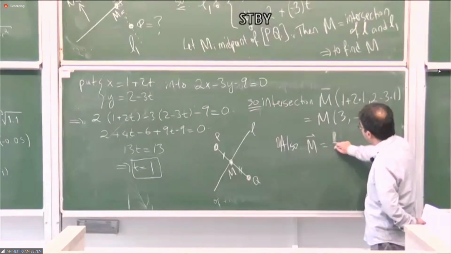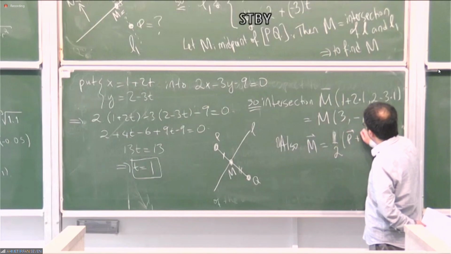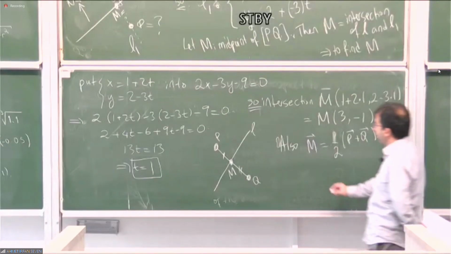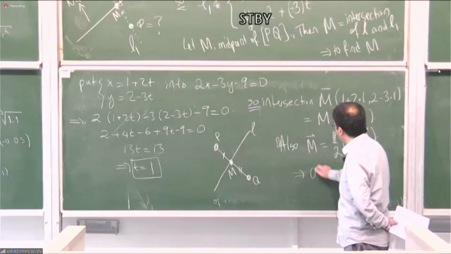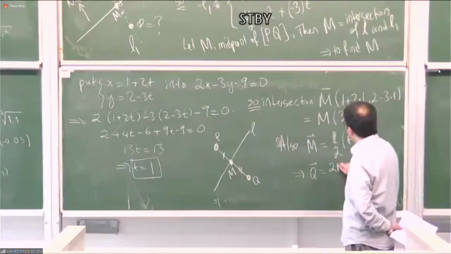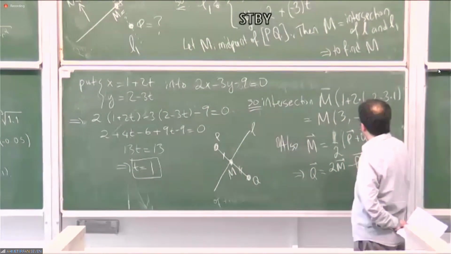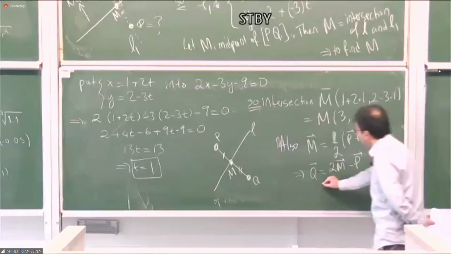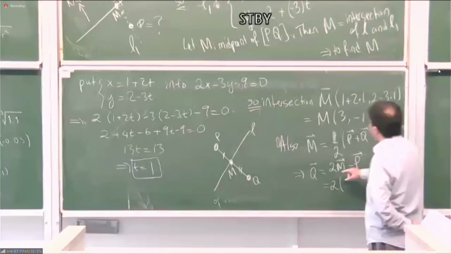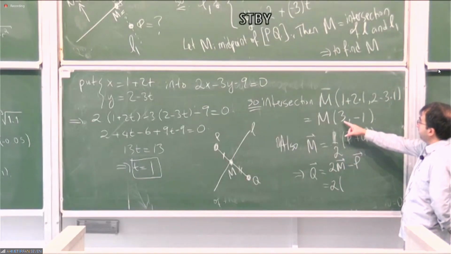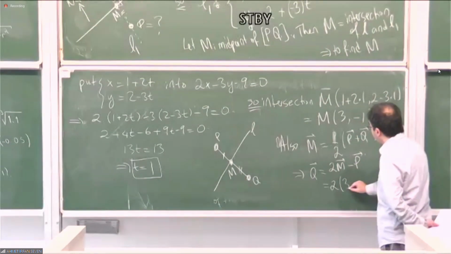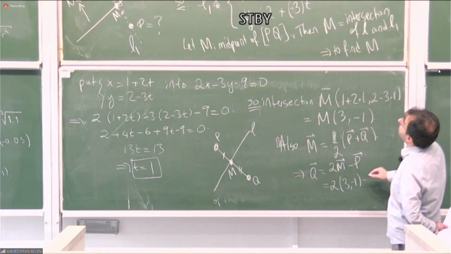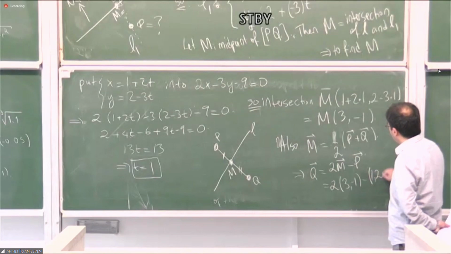We know that M is 1/2 times (P plus Q). So Q will be 2M minus P. Let's find these components. So 2 times the components of M, (3, -1), minus P. What was P? P was (1, 2), you know.